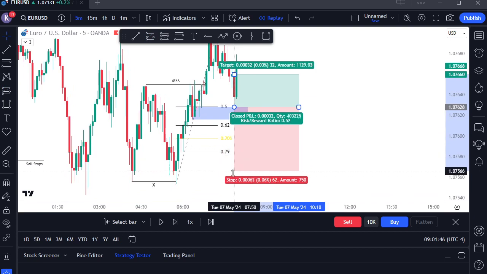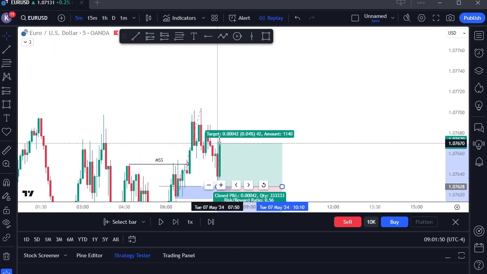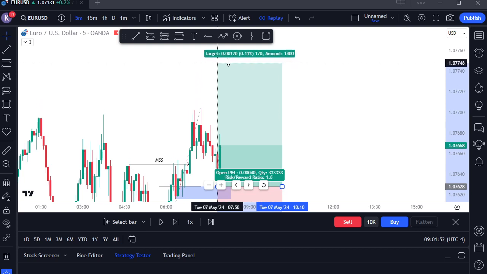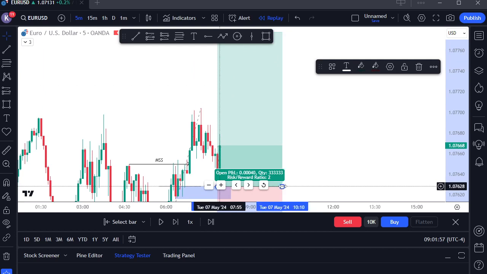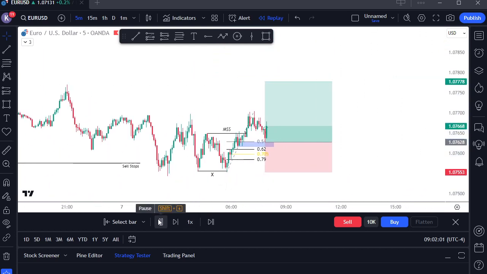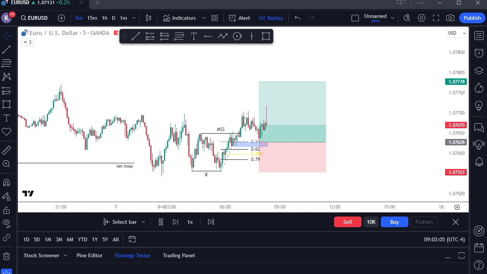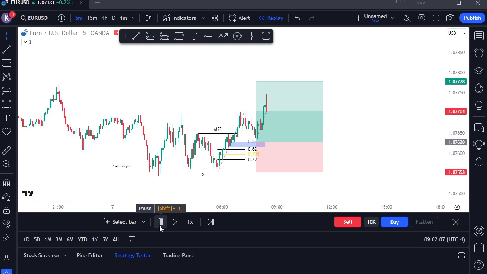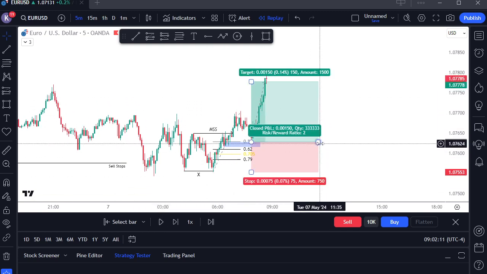My stop loss at the bottom, at the low, and my take profit at the 1 to 2 level. Now we wait. As you can see, take profit got hit.